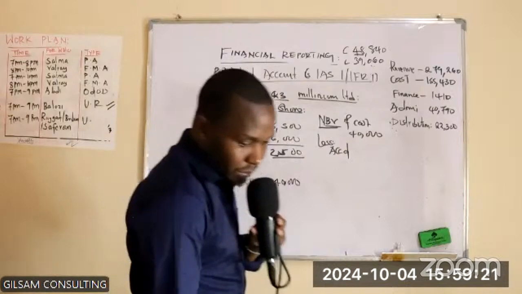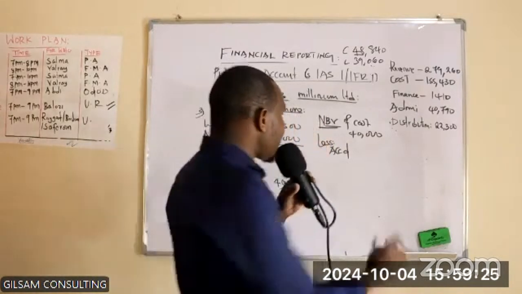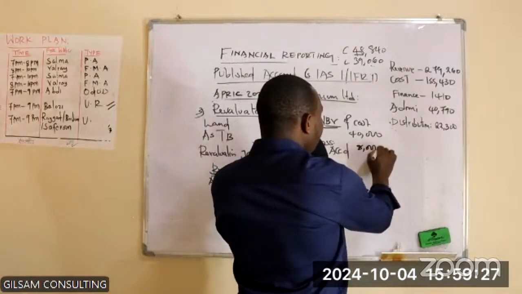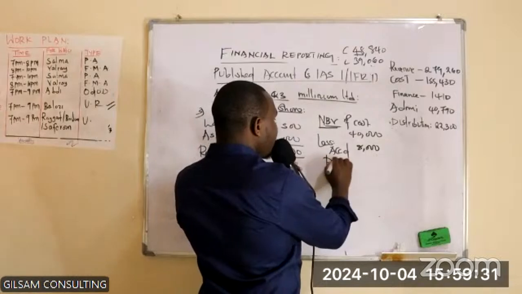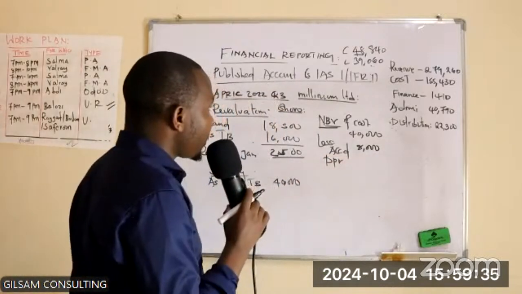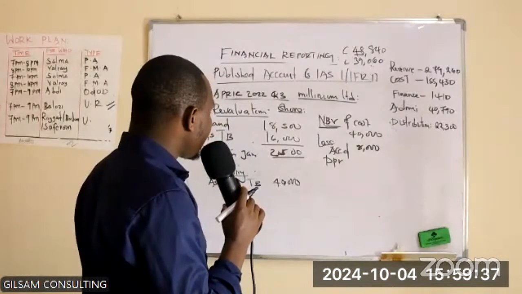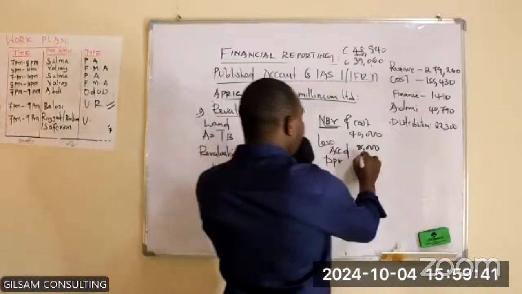So go to the trial balance. What is the accumulated depreciation for building? 8,000. So I will less 8,000. Also less the depreciation charge for the year, which we have already calculated. What was it, my good people? It was 800. I remember 800.